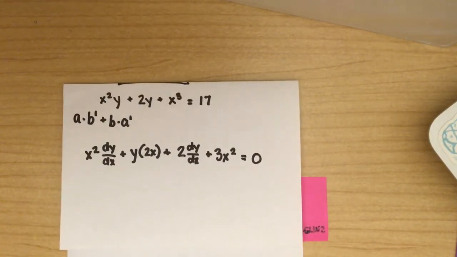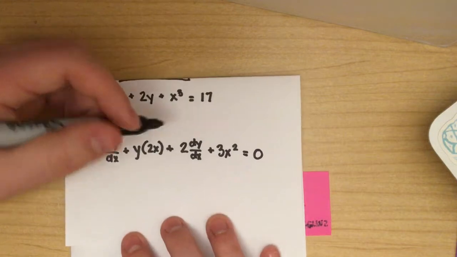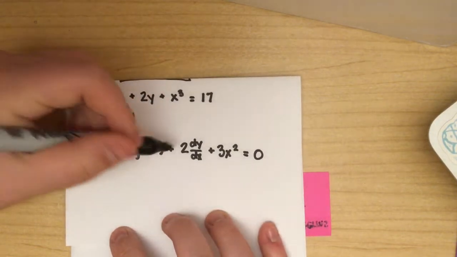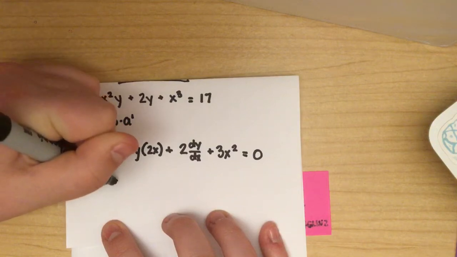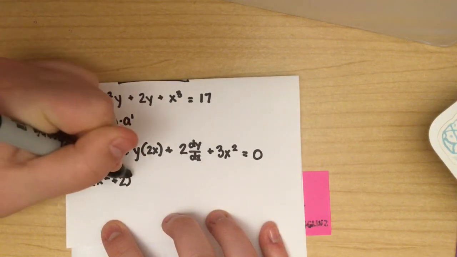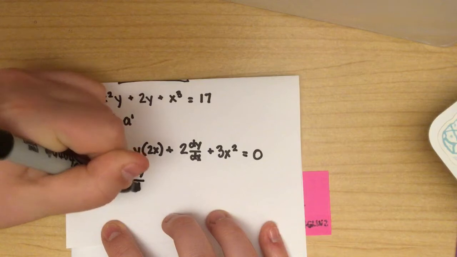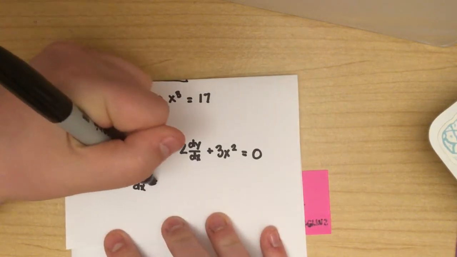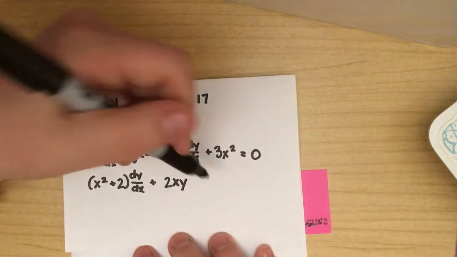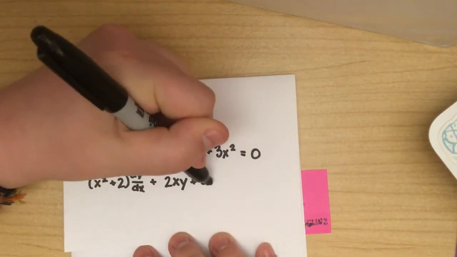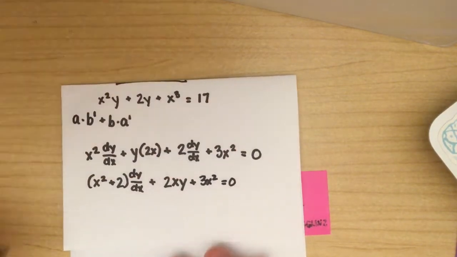So now we will want to have all the dy dx's together and all the dx dx's together. So we can first put them near each other in this, so it would be x squared plus 2 dy dx plus 2xy plus 3x squared equals 0.